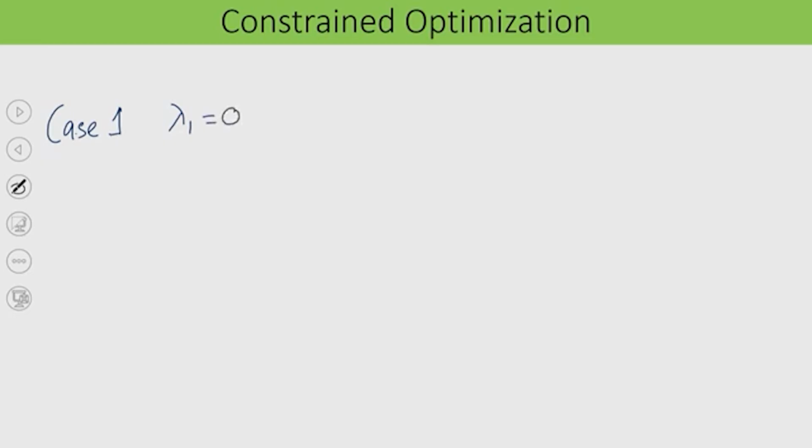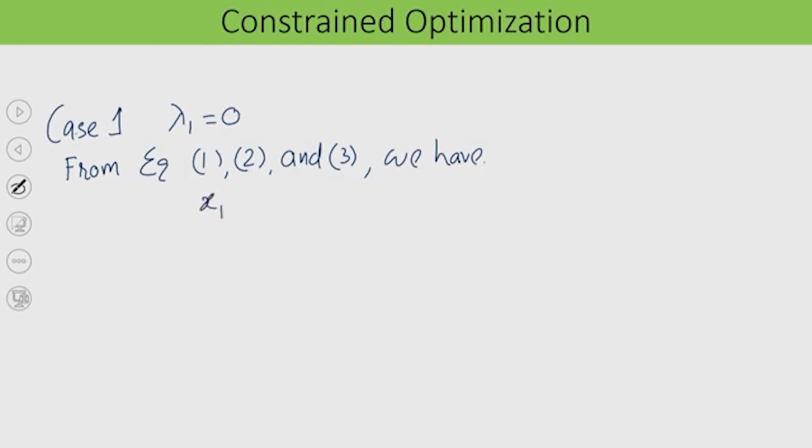So, in that case, from equations 1, 2 and 3 we have x 1 equal to minus lambda 2 by 2, x 2 equal to minus lambda 2 by 2 and x 3 equal to lambda 2 by 2.